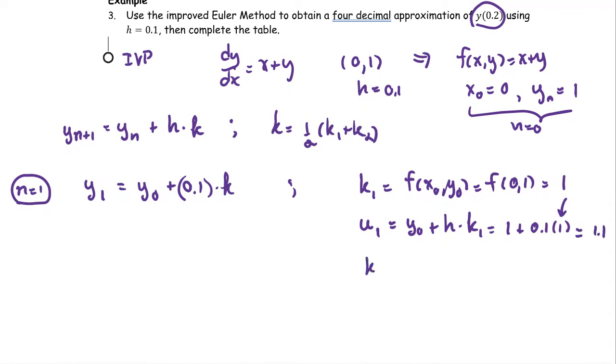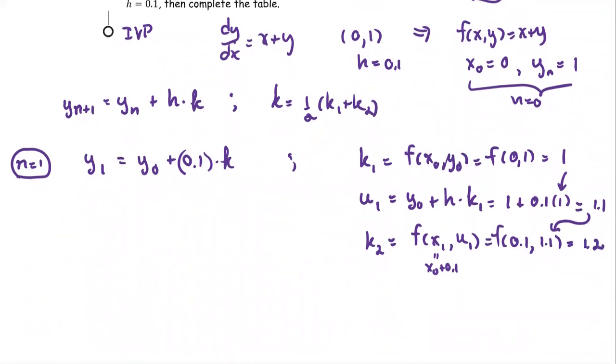Next, we're going to compute k2, which is the slope using the predictor. The slope is the function at x1, u1, where x1 is x0 plus the step size 0.1, and u1 is 1.1 from the previous calculation. So we get k2 equals 1.2.